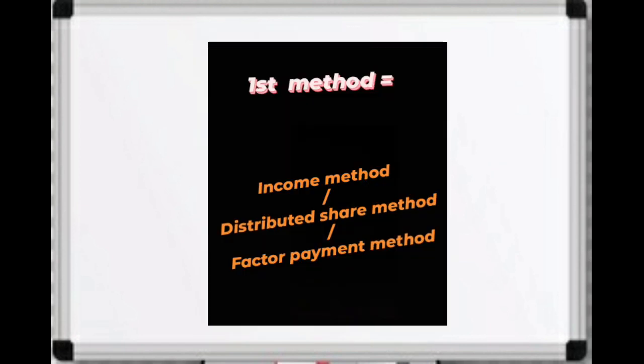The other names of the income method are distributed share method or factor payment method. According to this method, national income is measured in terms of factor payments such as compensation of employees, rent, interest and profit to the owners of factors of production: labor, land, capital and enterprise.